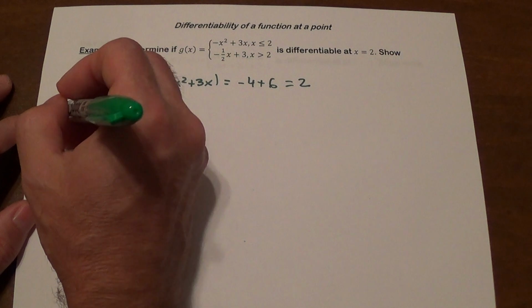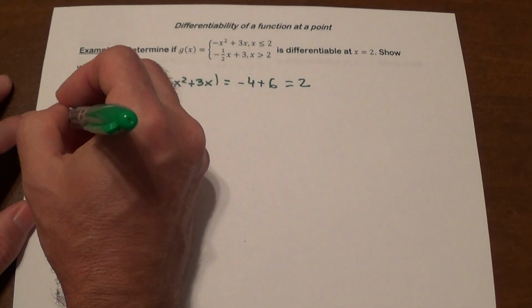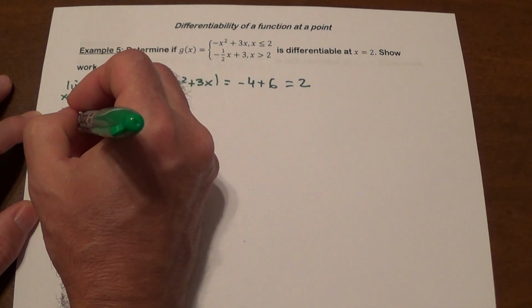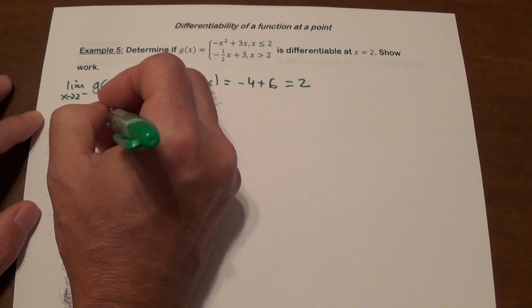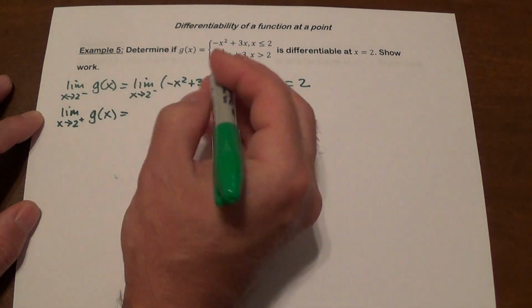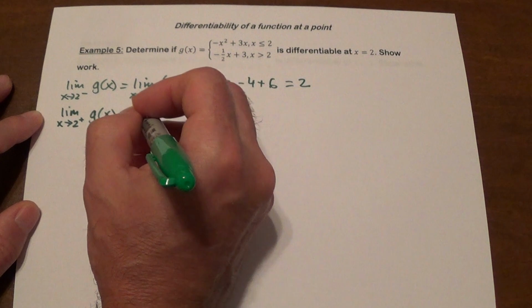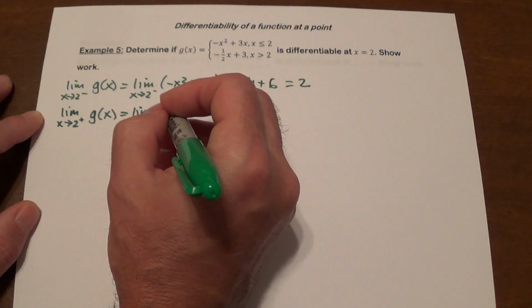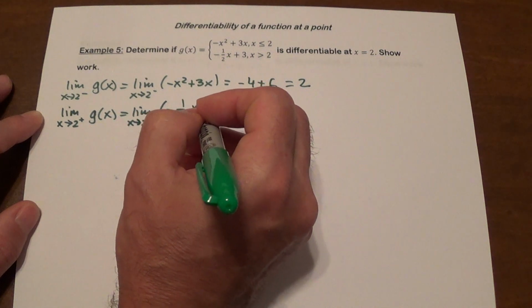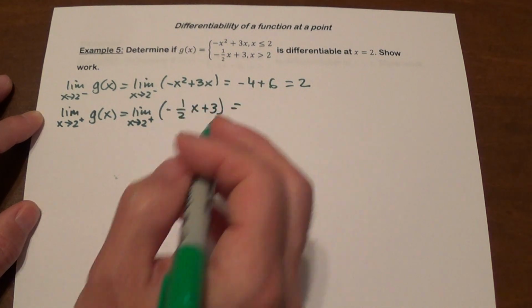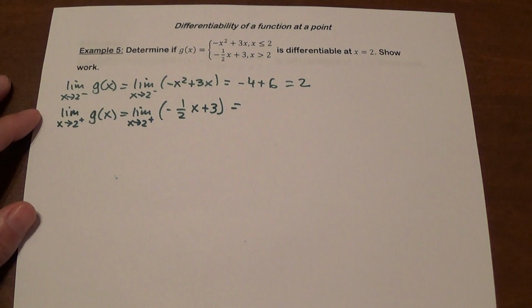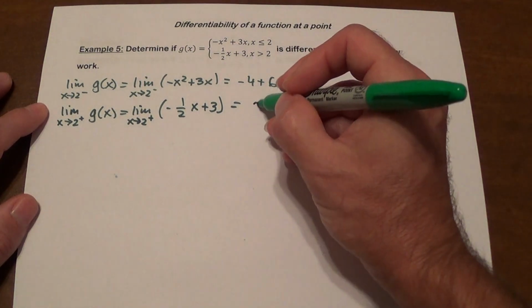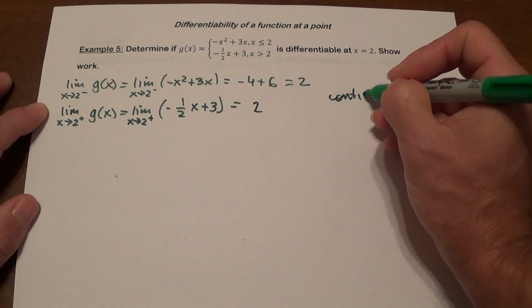Right. So continuing with this analysis, see if it's continuous. So now it's going to be the second function, the limit as x approaches 2 from the right of negative 1/2 x plus 3. Direct substitution here will give us negative 1 plus 3, which is also 2, so it's continuous.